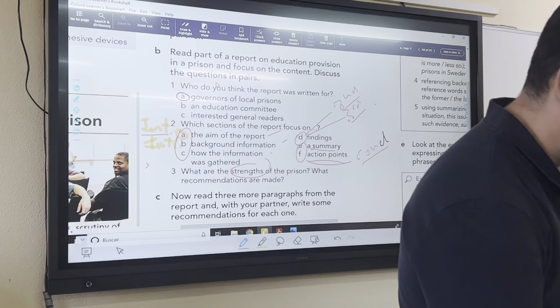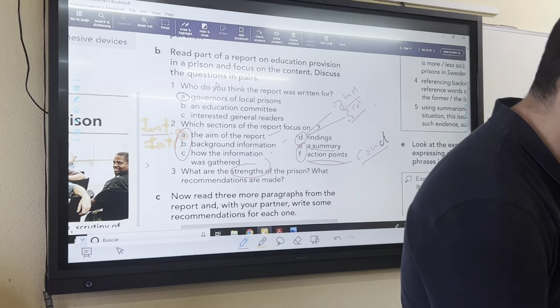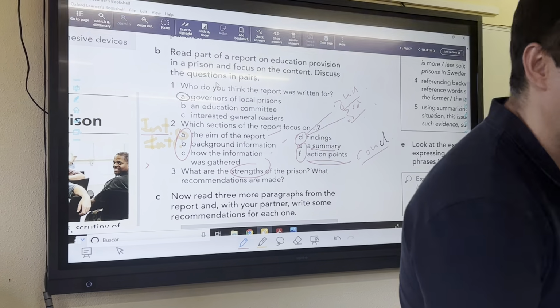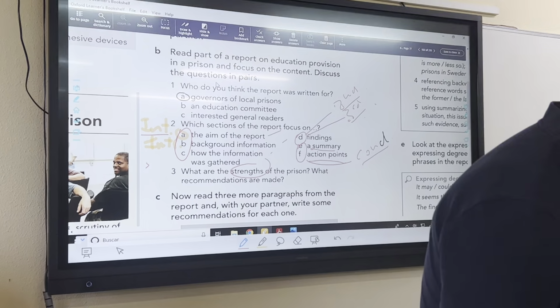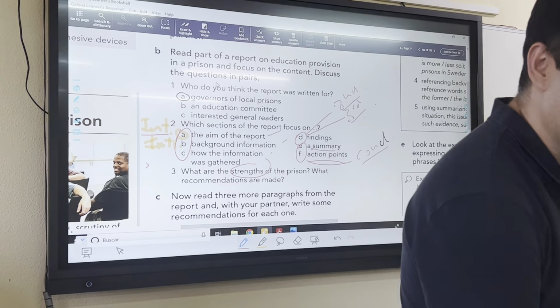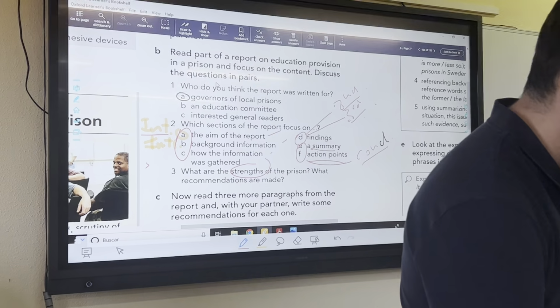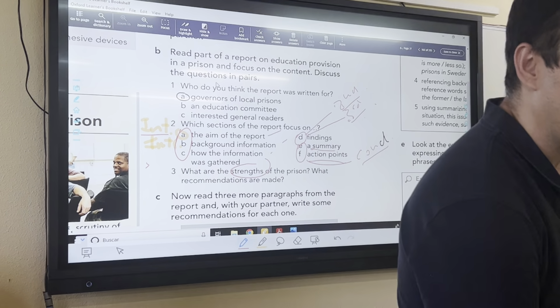Anybody? Only the adequate amount of vocational training? Another positive thing is that they focus on improving the basic numeracy and literacy. That is another good thing. There is a focus, yeah, on improving basic numeracy and literacy.